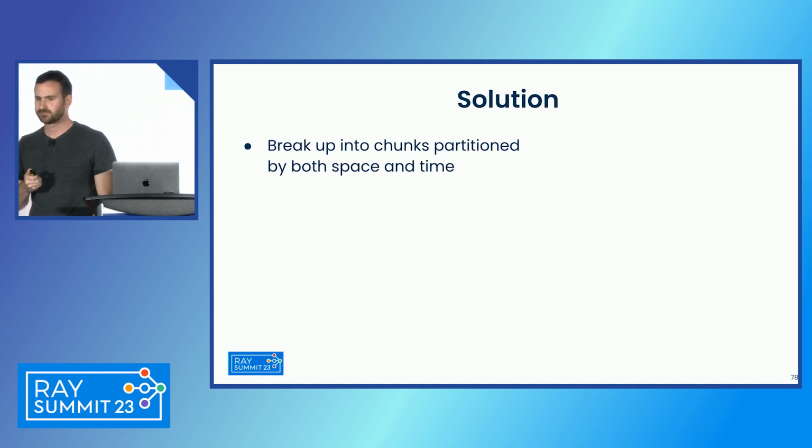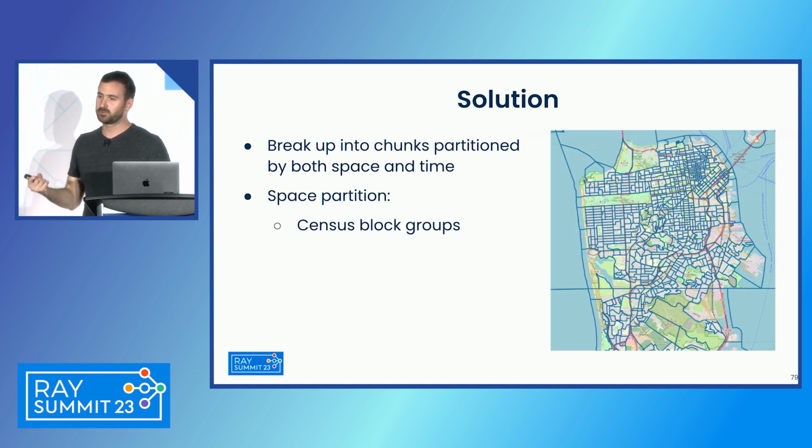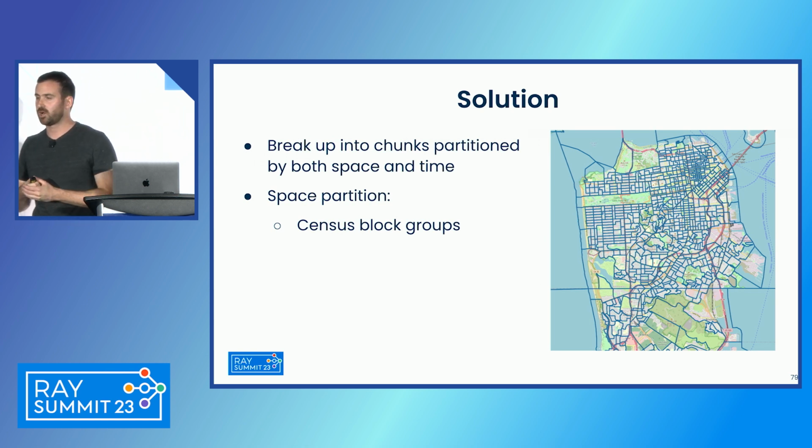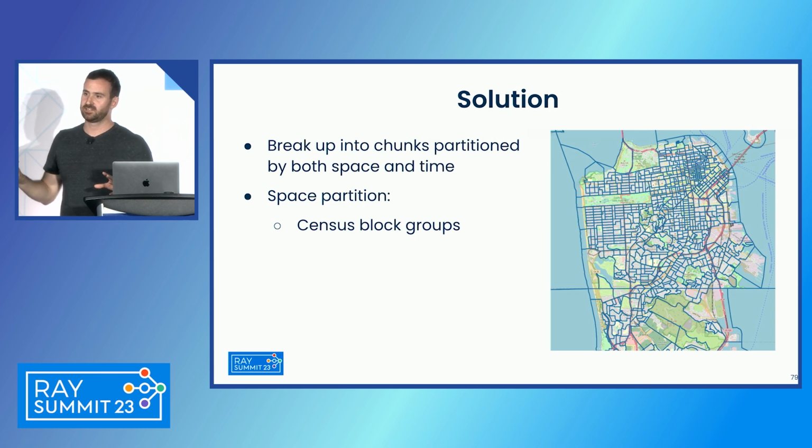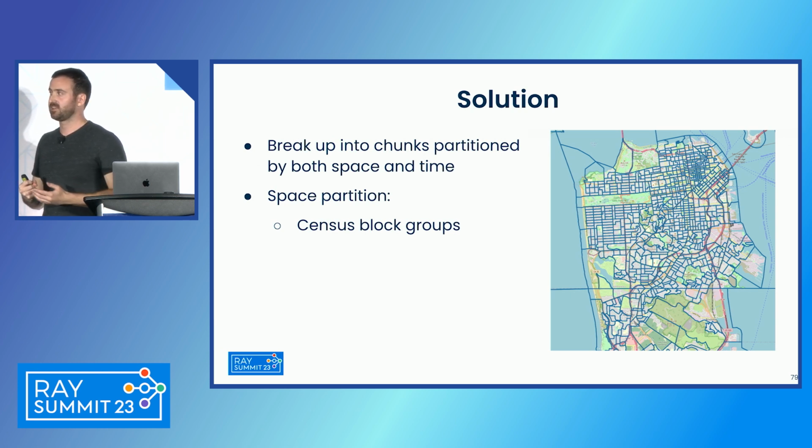For the spatial partition, we use census block groups, which are a geographic division that's created by the US Census Bureau. And what's great about these for our use case is they're adjusted for the density of different regions. So each census block group has somewhere between 500 and 3,000 people living in it.